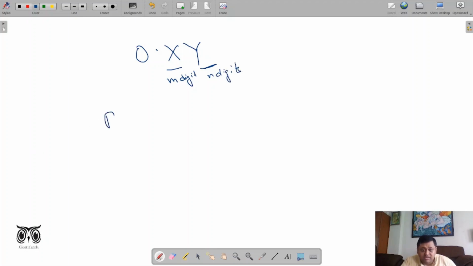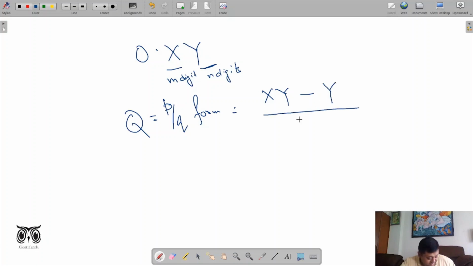Then our rational number, sorry, not r, we will call it q, in the p by q form, will be (xy minus y) divided by 10 to the power m plus n minus 10 to the power m.